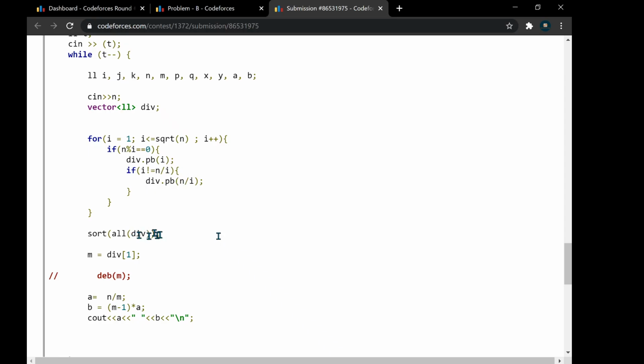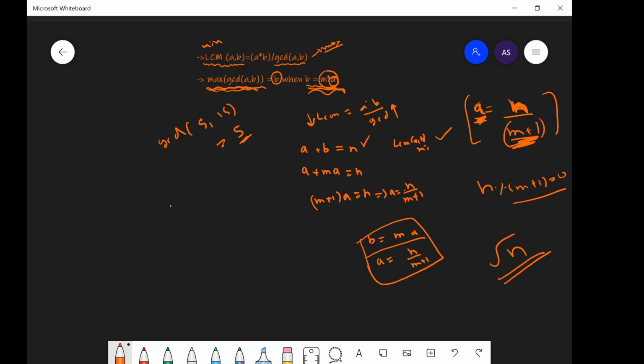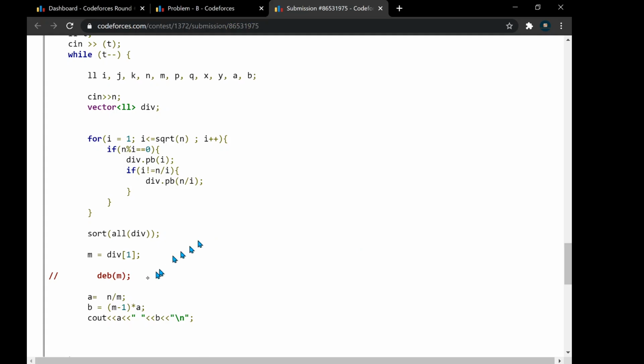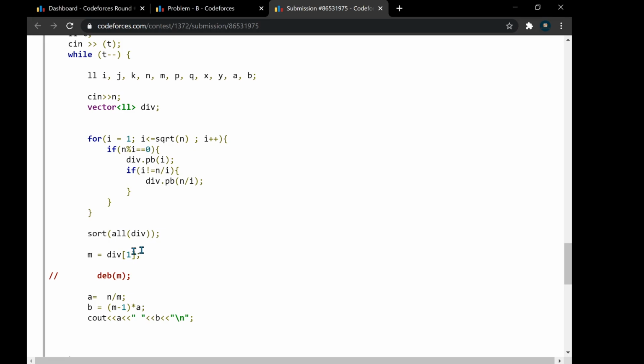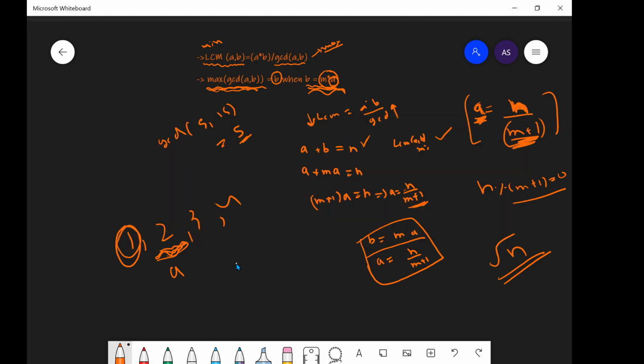We have found the factors and sorted this divisor array. 1 would always be a divisor of everything, so we use the second divisor, because with 1 we won't be able to get this formula working. Using this formula, we put the value of a here, get b from this, and then print these two. So this was the entire math we are doing, and this was the entire code.